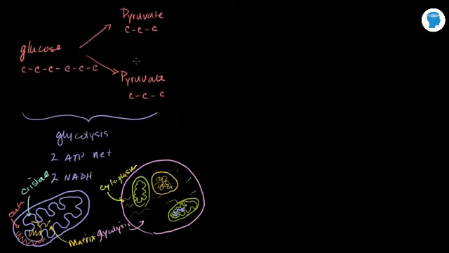Now, you have these pyruvates. They're not quite ready for the Krebs cycle, so how do you make them ready for the Krebs cycle? They actually get oxidized, and I'll just focus on one of these pyruvates. We just have to remember that this happens twice for every molecule of glucose. So we have this preparation step for the Krebs cycle.